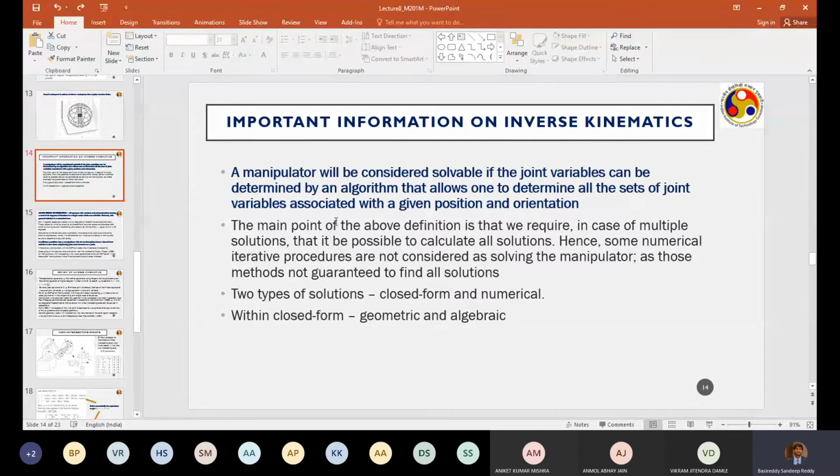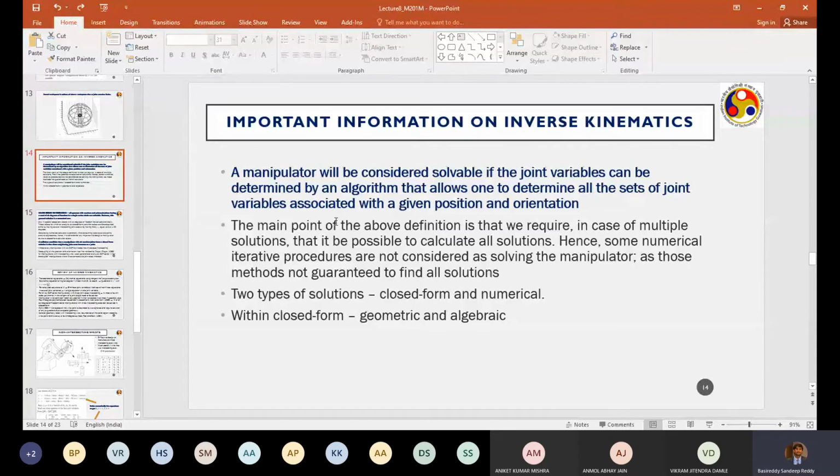So generally in robotics, as I mentioned in the second point, the way we are defining solvability is that we have to calculate all the solutions. A numerical iterative procedure, when you don't have closed form solutions, is generally not considered as solving the manipulator, because numerical methods have their own limitations.